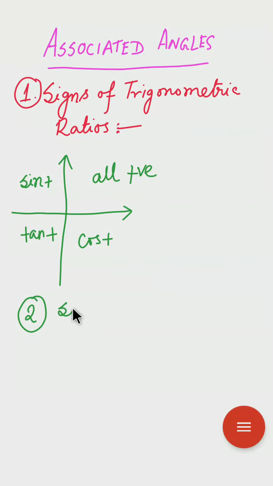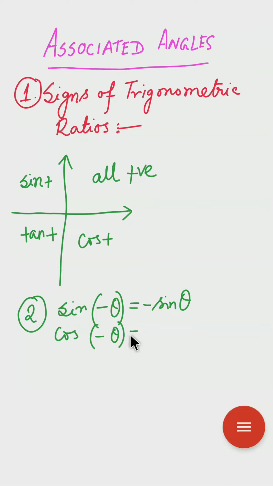So sine of minus theta is equal to minus sine theta. Cos of minus theta is equal to cos theta. Tan of minus theta is equal to minus tan theta.